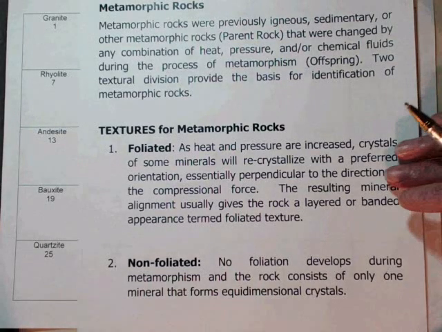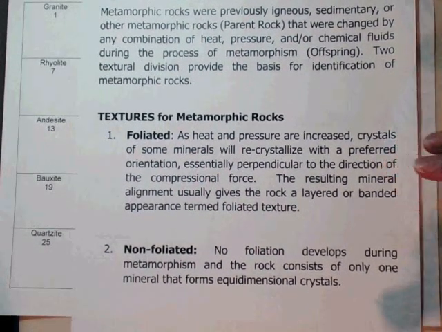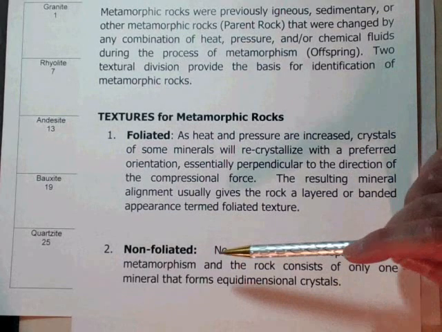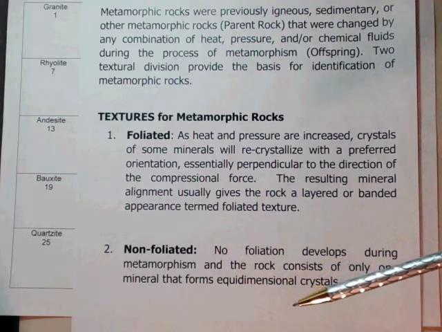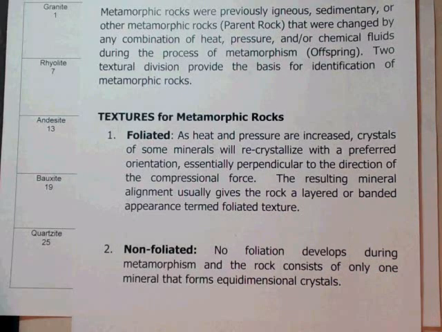And the second texture of our metamorphic rocks is called non-foliated. So for these, no foliation, no banding or preferred alignment happens during metamorphism, but the rock consists of only one mineral and it forms sort of this equidimensional crystal.